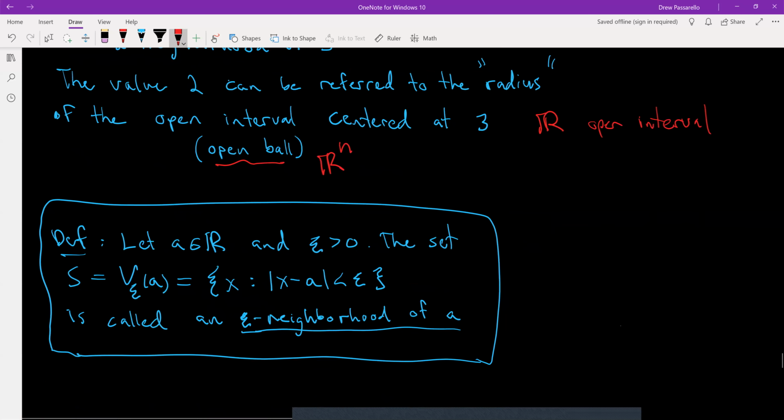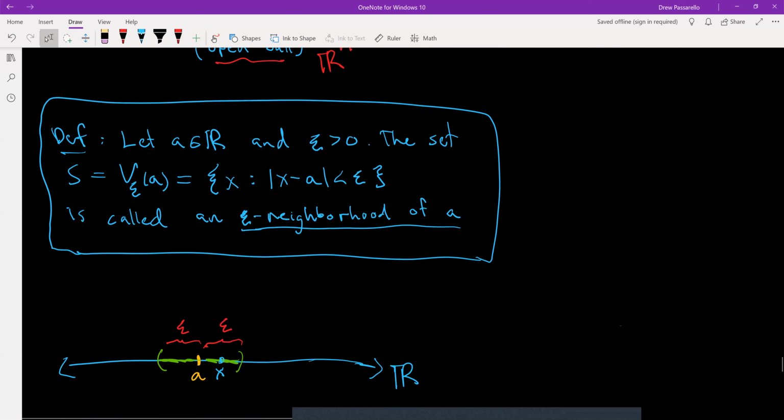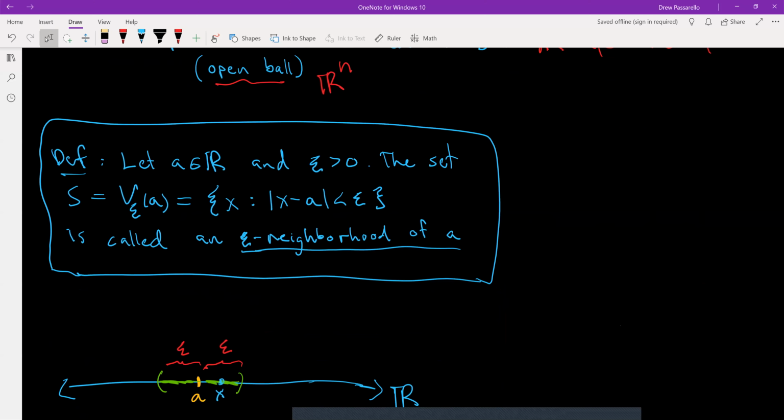So the definition: let A be a real number, and let's say you have epsilon greater than 0.